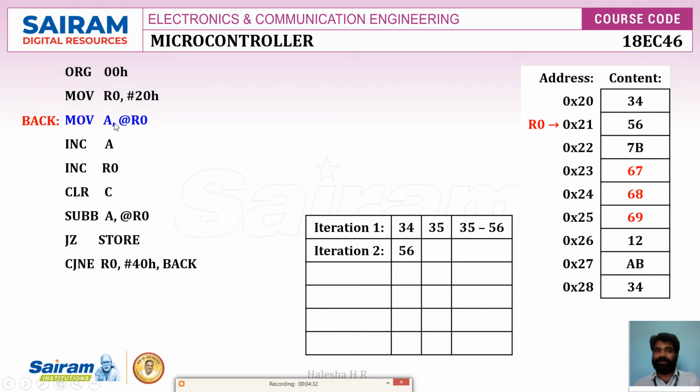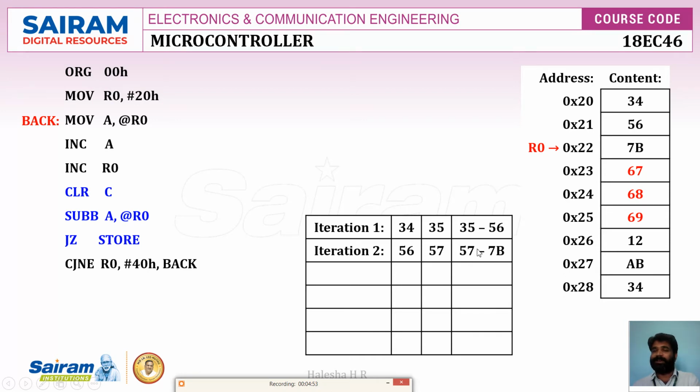Then this instruction executes and gets the second number 56, and the next instruction increments it, it becomes 57. The pointer is incremented to point to the next number, and the next three instructions perform the comparison: clear and subtract. Now it performs the operation 57 minus 7.